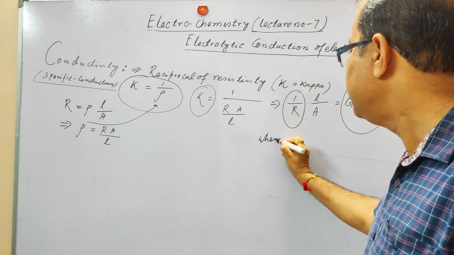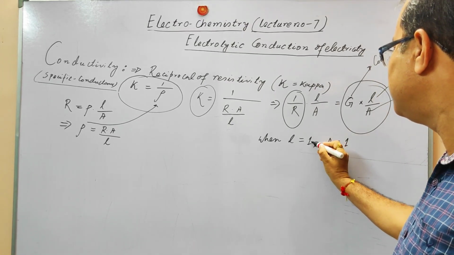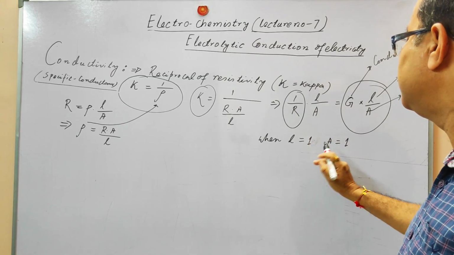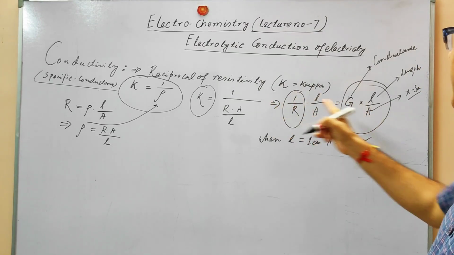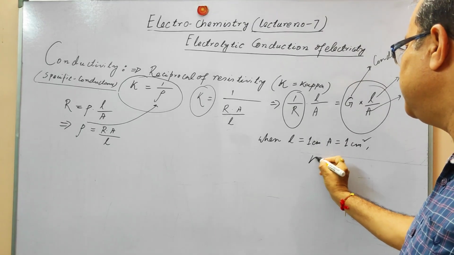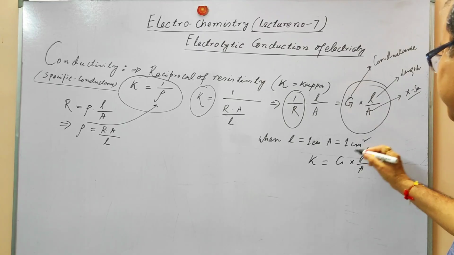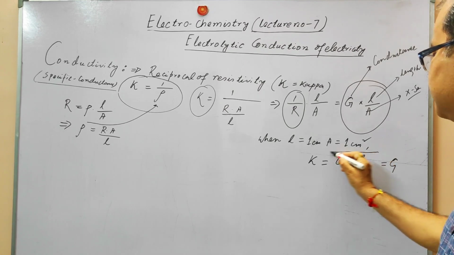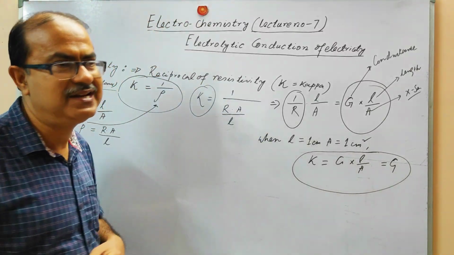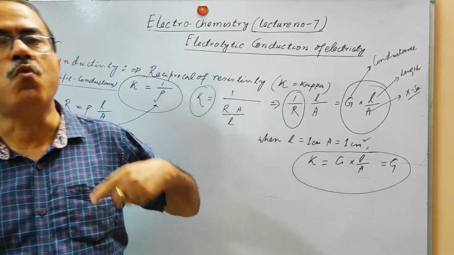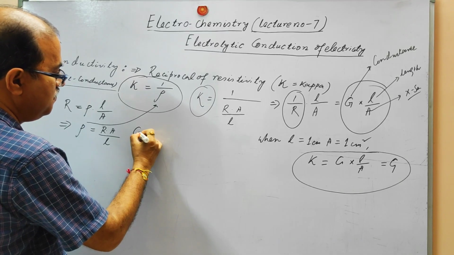When L is equal to 1 and A is equal to 1, suppose 1 meter length and 1 square meter cross section, at that time we put this value in K is equal to G into L by A, and it will become G. It means the conductivity is basically the conductance of the conductor which is having 1 meter length and 1 square meter cross section.